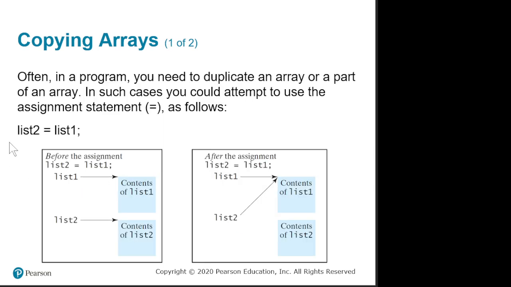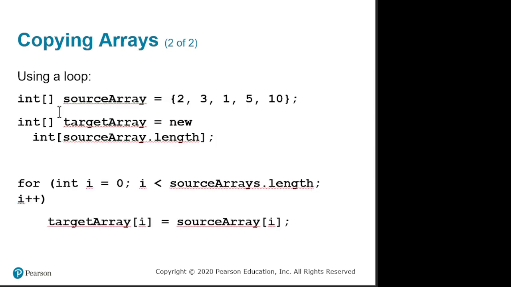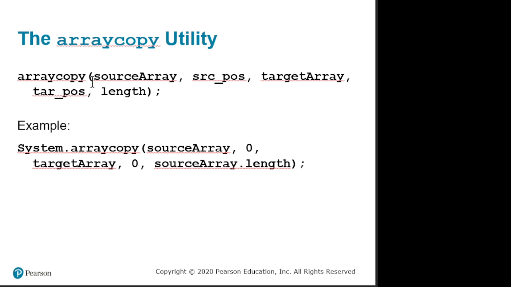Versus this method where array 1 equals array 2, this won't work. This loop will work. Or there is a method within System called arraycopy. So System.arraycopy, you put in the source array, you start at the first element, 0, and you put in the target array, and then you want the length.